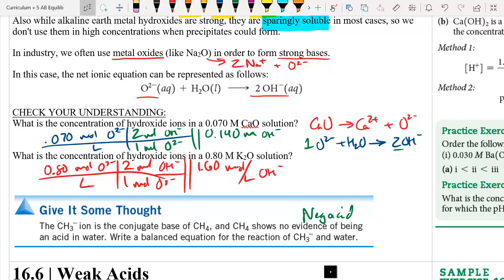So this balanced equation, as we think about it, it's CH3- with H2O. So it shows no evidence of being an acid in water, so it won't donate hydrogen. Instead, it would act like a base in water, meaning it has to gain the hydrogen. So H2O donates a hydrogen that'll act as an acid. We're going to form CH4 and be left with hydroxide ions.